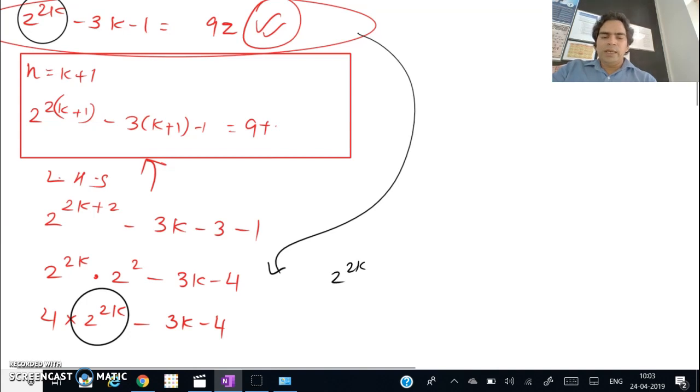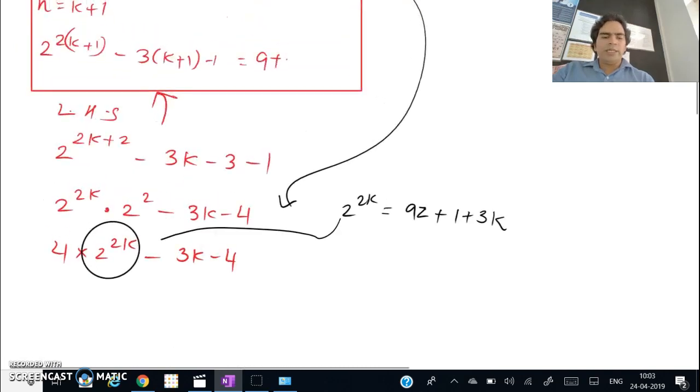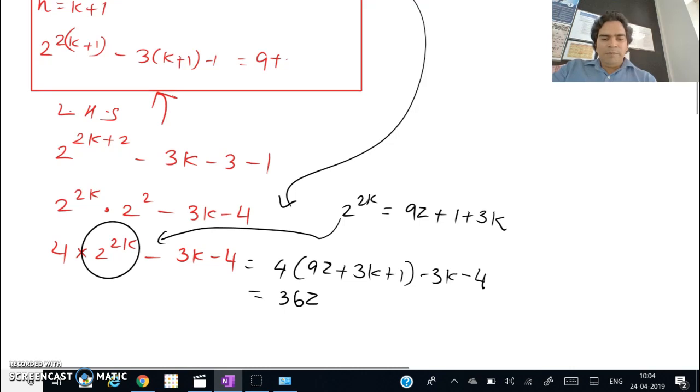So 2 to the power 2k can be written as 9z plus 3k plus 1. I'm going to put this out here. So this becomes 4 times (9z plus 3k plus 1) minus 3k minus 4. And so it becomes 36z plus 12k plus 4 minus 3k minus 4.